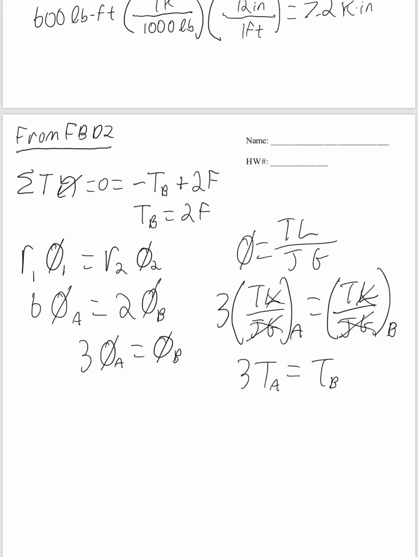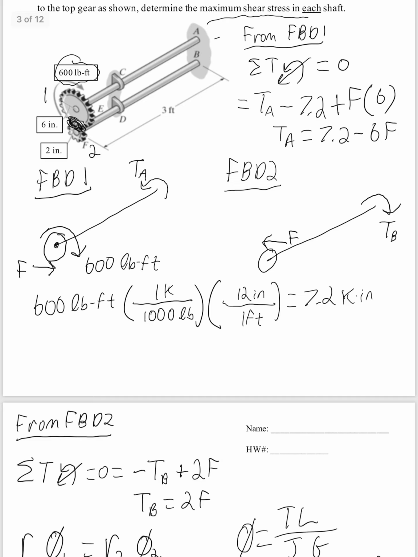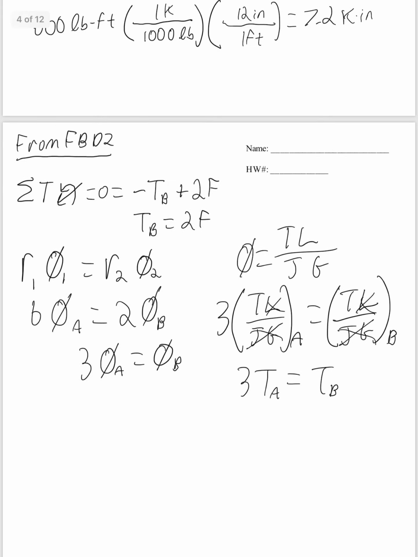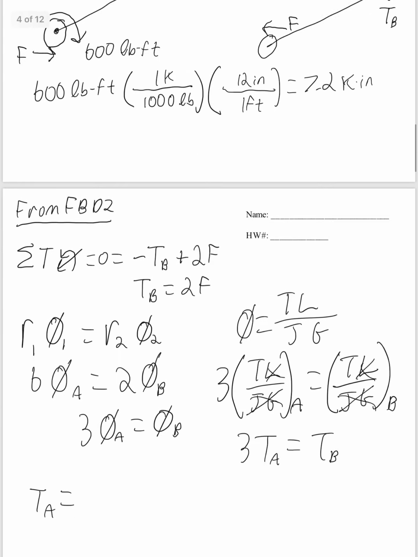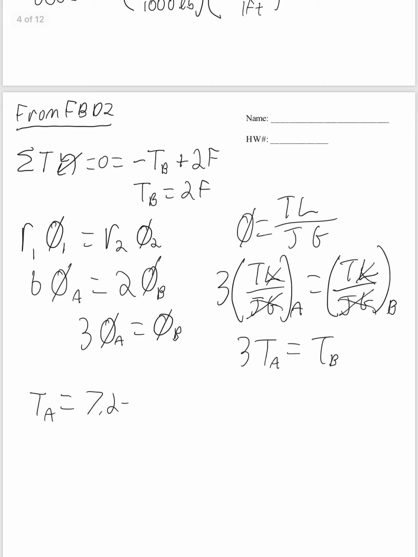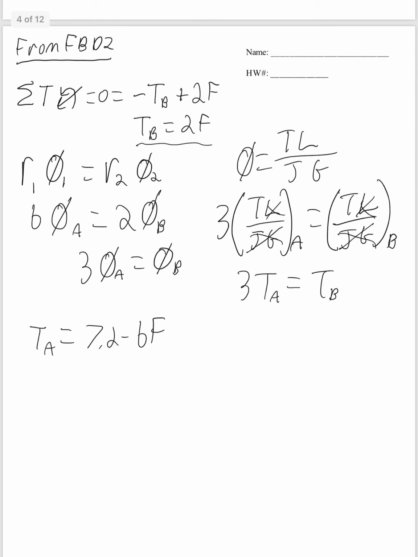Then from there, we just have a system of equations. So we can plug that in for this equation up here. We said T sub A equals 7.2 minus 6F, and our other equation right here is T sub B equals 2F. We don't really care about the force F, so I'm going to go ahead and solve that one out.